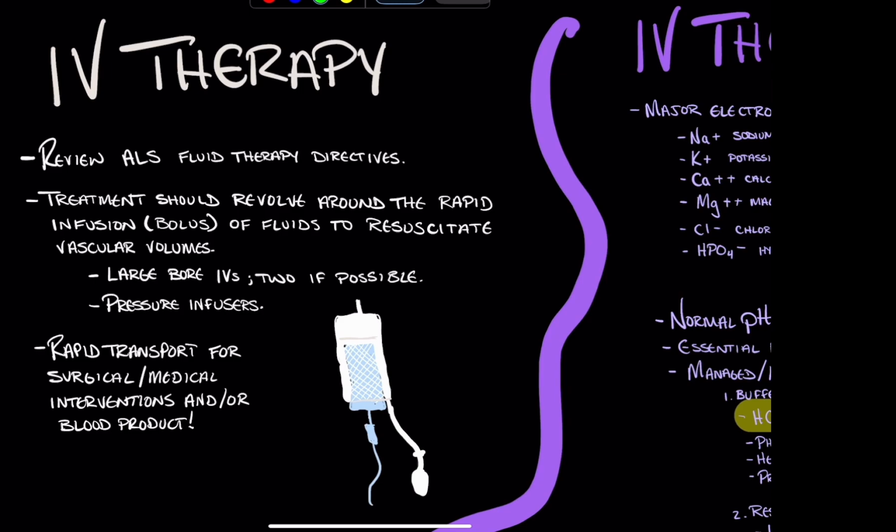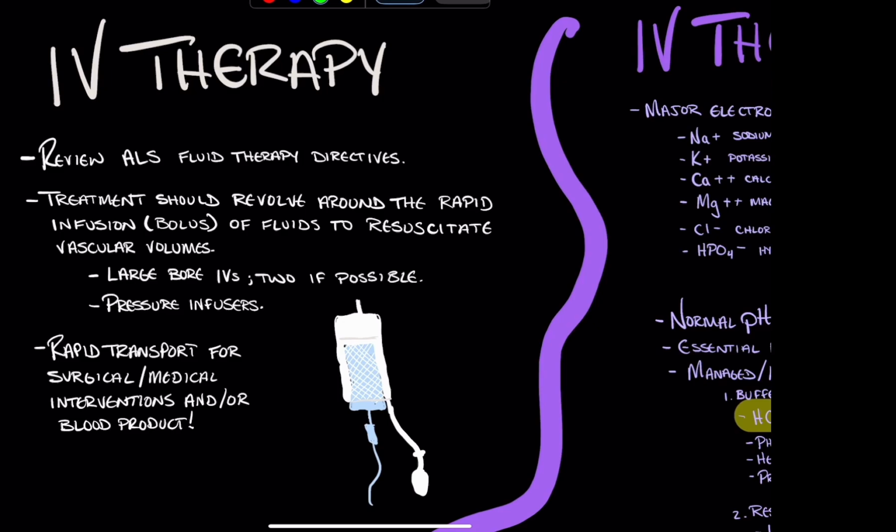And we're doing this to try and resuscitate the vascular volumes that have been depleted or lost through one of these shock states. So things we're going to be looking to do, if again you're in an IV autonomous setting, is you want to try and get larger bore IVs because they allow a larger amount of fluid or electrolyte solution to flow into the patient's system.